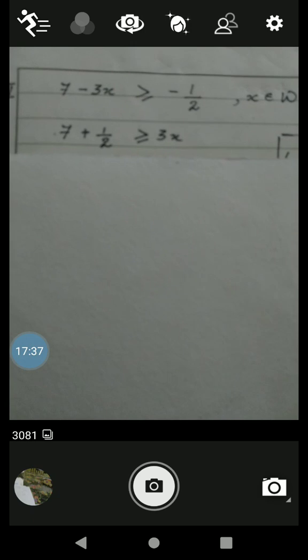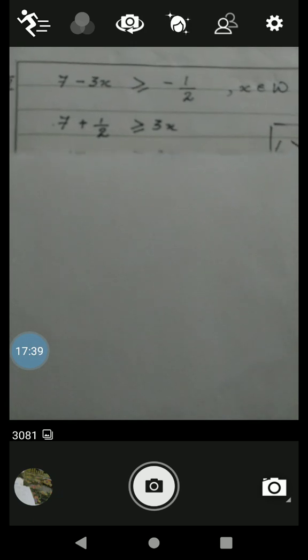This is easier, and you can transpose minus 3x to the right side. You will get 7 plus 1 by 2. Transpose this to the left side, and at the same time transpose 3x to the right side. You will get this term. Now, when you simplify, take LCM.